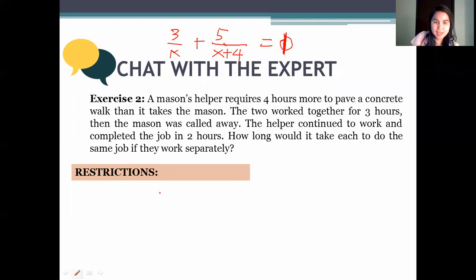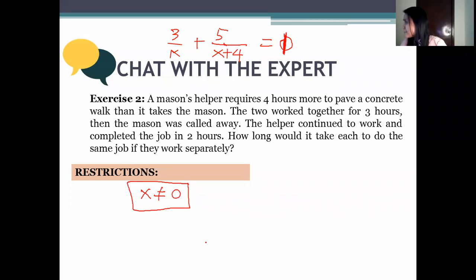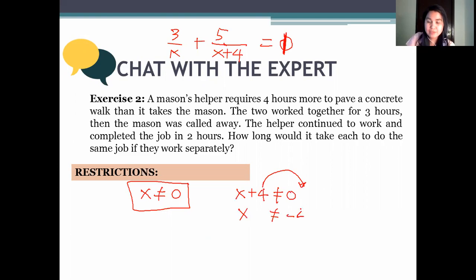First, x should never be equal to 0. The next one. x plus 4 should never be equal to 0. So x should never be equal to negative 4. That's our restriction, okay?